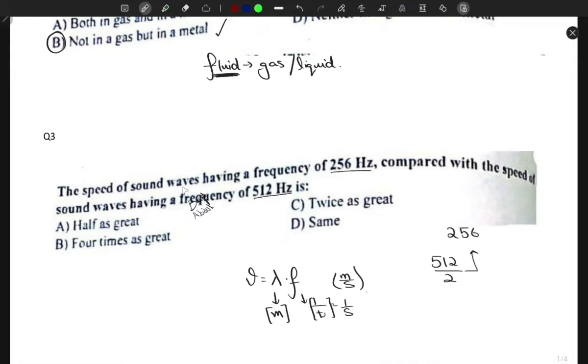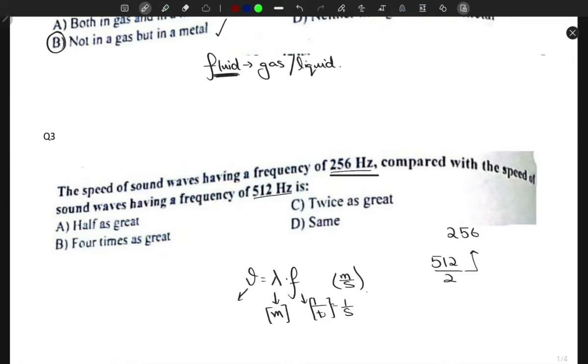So the speed of sound waves having a frequency of 256 Hz compared with the sound waves having a frequency of 512 Hz. So we are comparing this one, 256 Hz, with this. So at this point, you might be thinking that if the frequency is increasing, then the velocity should also be increasing, right? But that's not the case, because the speed is going to remain constant.